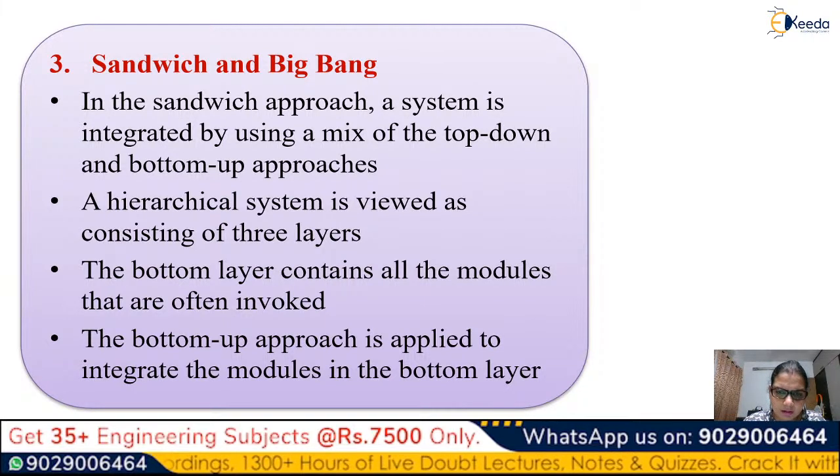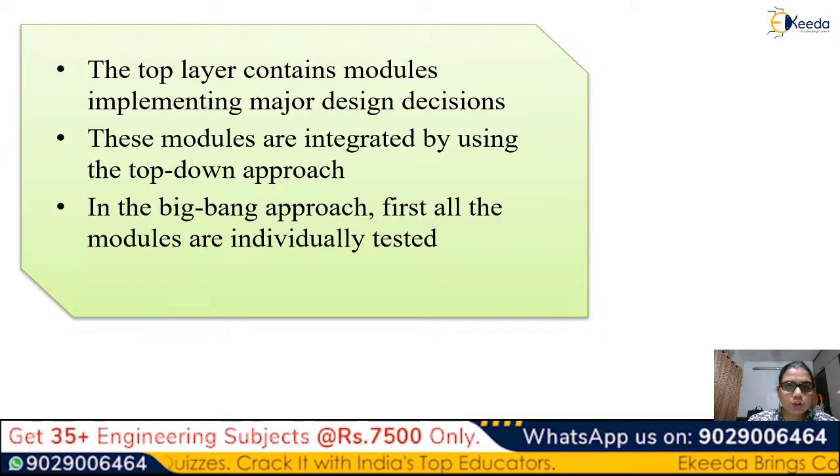So the bottom layer contains all the modules which are to be invoked, and this is applied to the integration in your bottom layer. Then the top layer modules implement the major decisions, what decision is to be made.